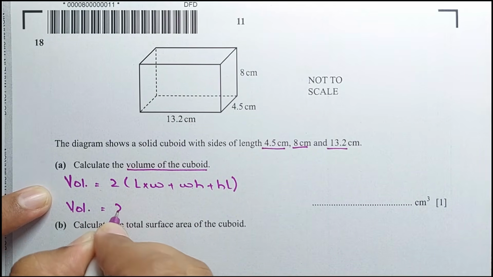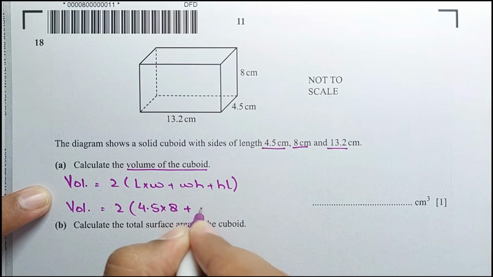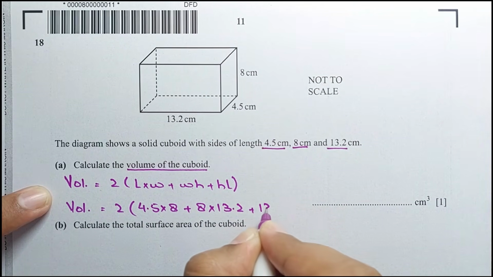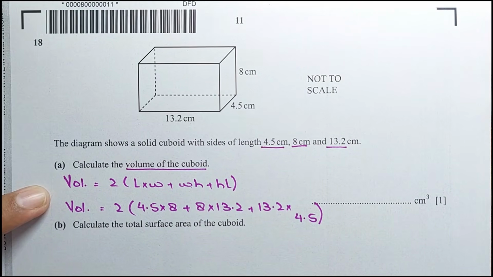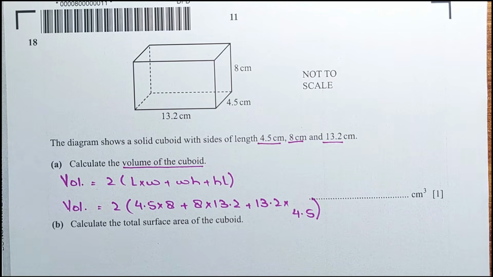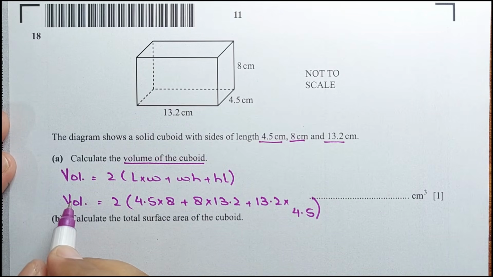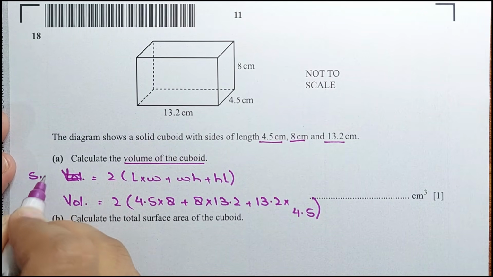So 2 times (4.5 times 8 plus 8 times 13.2 plus 13.2 times 4.5). Oh my god, my bad. This is not the volume. It's the formula for the surface area.